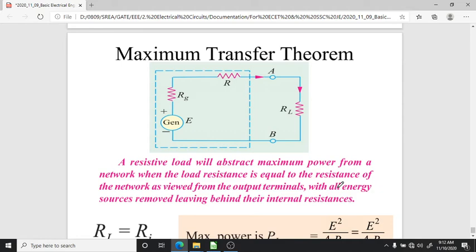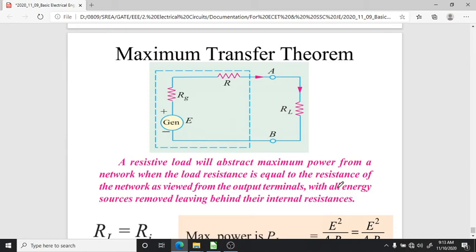This theorem says that in any electrical or electronic network, what is the condition to transfer the input power to the output to the maximum extent? That is the maximum power transfer theorem.